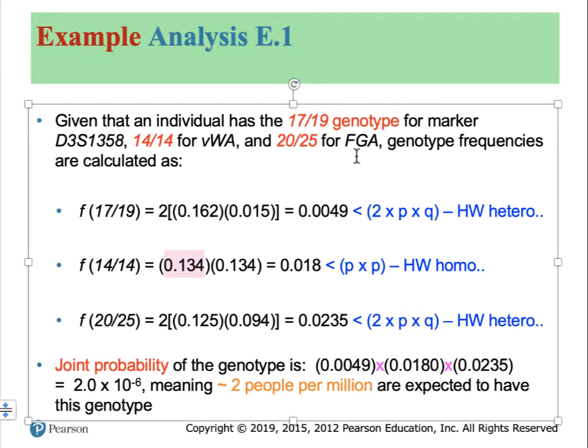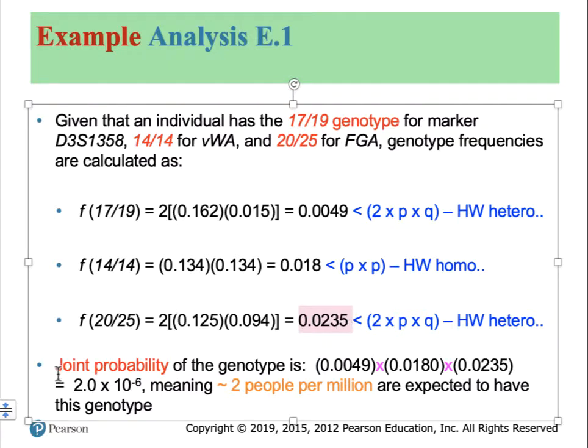And likewise, for the FGA, the frequency of the 20 repeat is 12.5%, and the frequency of the 25 repeat is 9.4%. And we times that by 2 because we have a heterozygote. Then we end up with this number here.